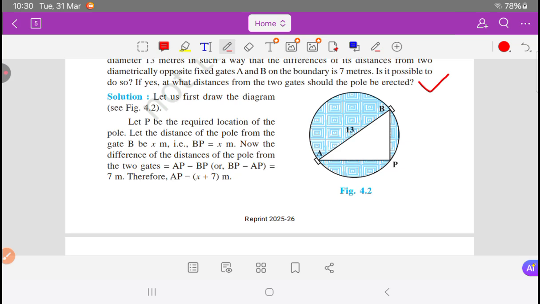Let us draw the diagram. This is the diagram. P is the required location of the pole. Let the distance of the pole from gate B be x. That is BP.